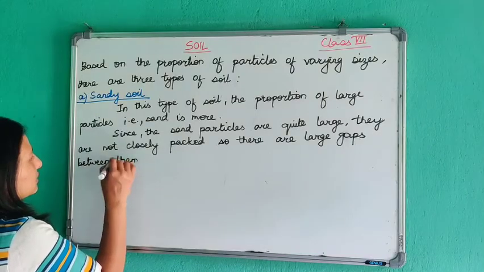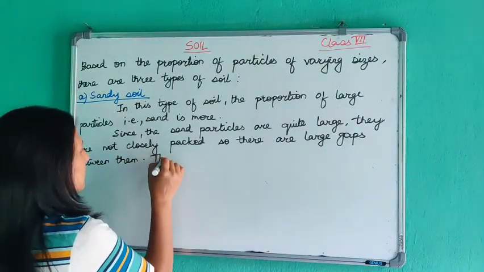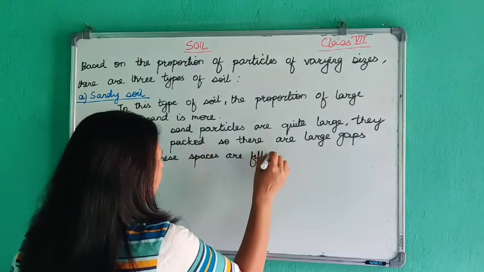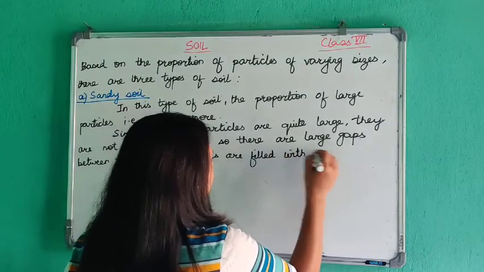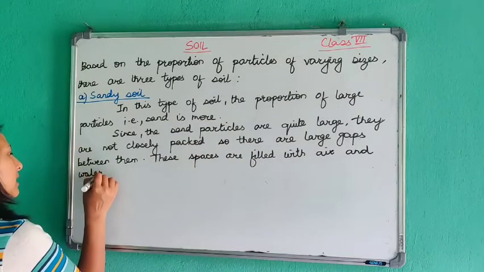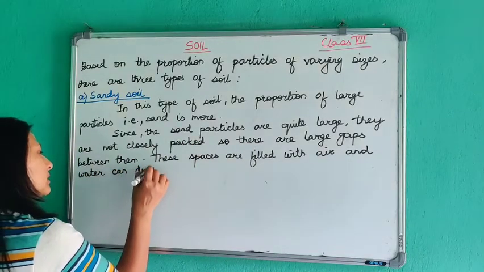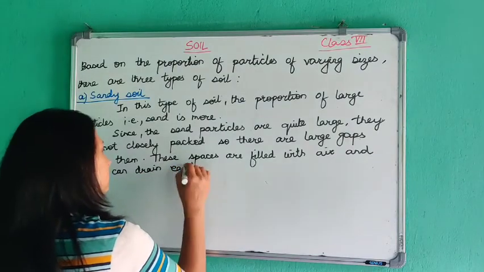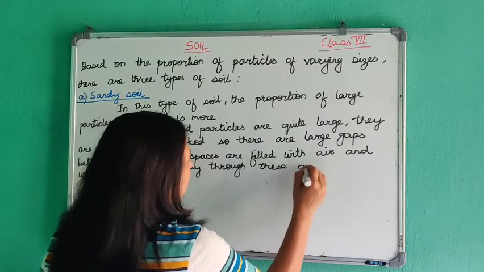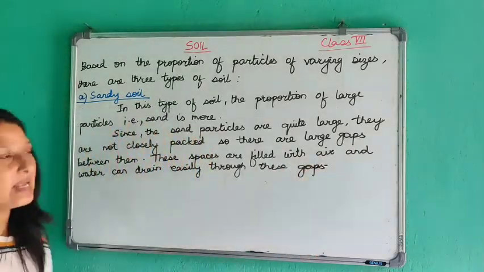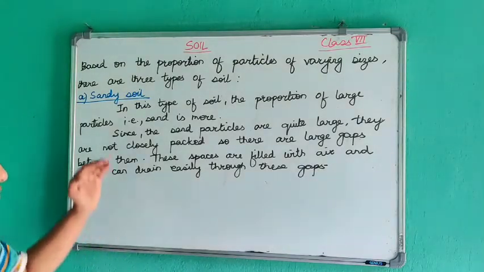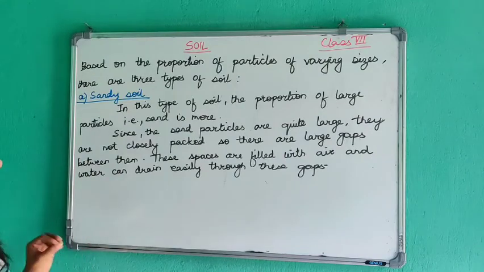So यो gap मा के हुन्छ भन्दा चाहिँ these gaps are filled with air. यसमा हावा बेसी fill भएको हुन्छ अनि water can drain easily through these gaps. So ठुलठुलो gaps छ, त्यसमा हावा भरिएको हुन्छ, पानी त छिरेर जाइहाल्छ. So water बेसी मात्रामा हुँदैन यो soil मा चाहिँ.